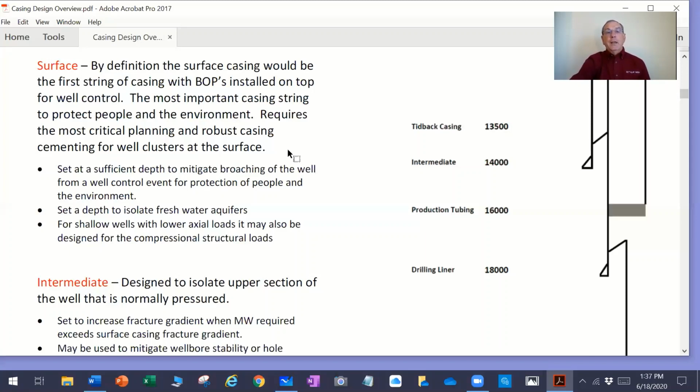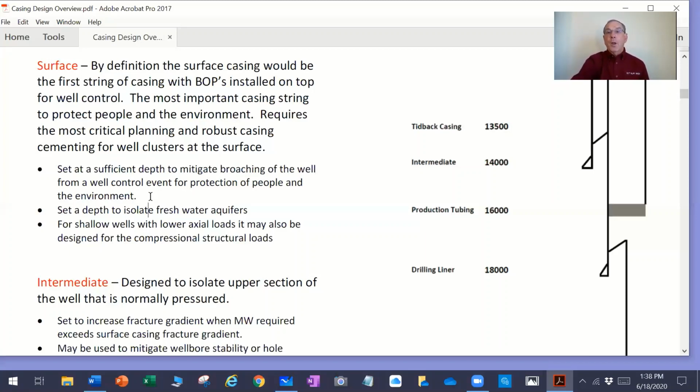Again, surface casing is usually set at a sufficient depth to mitigate broaching of the well from a well control event for protection of people and the environment. So if you set surface casing at a deep enough depth based on experience in an area, no matter what happens downhole, you may exceed the pressures in the wellbore and have a major well control event in which you lose the whole section below that surface casing, but it doesn't result in anything, I call it, on the news.